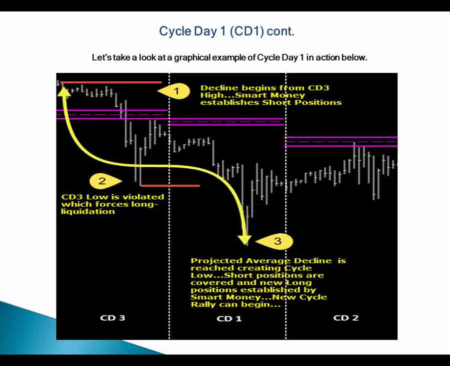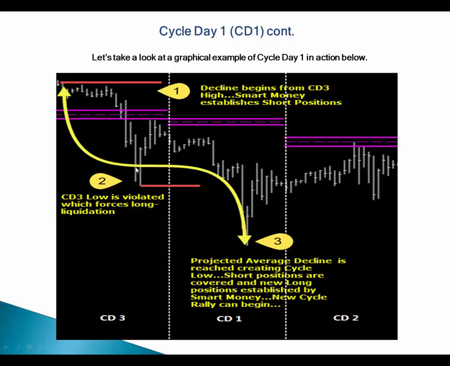So the idea now, entering on cycle day 1, as you can see from the labels here, CD1, CD3, CD1, CD2, is a low violation of CD3, forcing longs to liquidate.